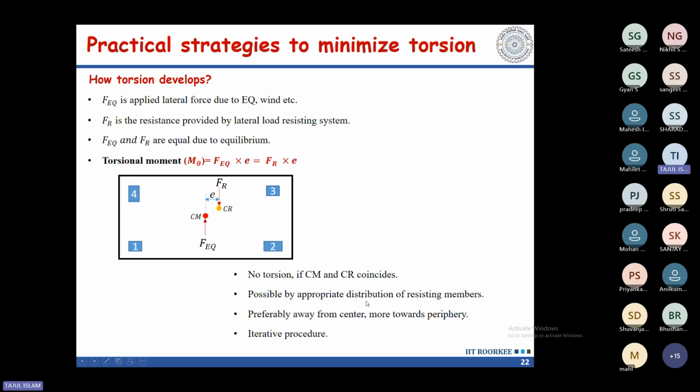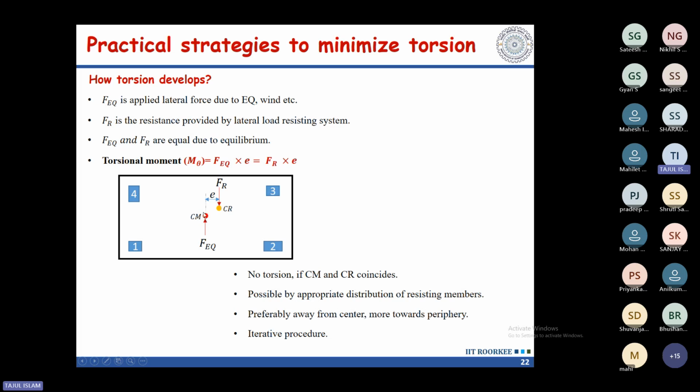Now let us understand how torsion occurs in your structure. After that only we'll be able to understand how to eliminate torsion. So let's say this is one floor plan, and I have total 4 vertical members located at 4 corners, which will be resisting my lateral forces.